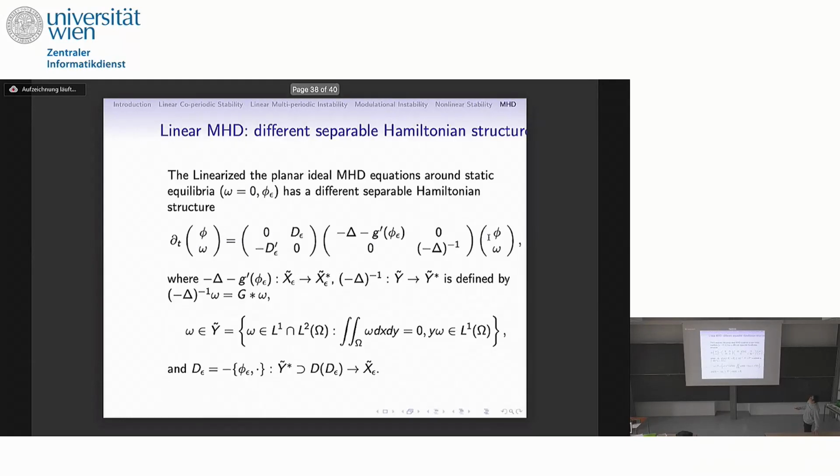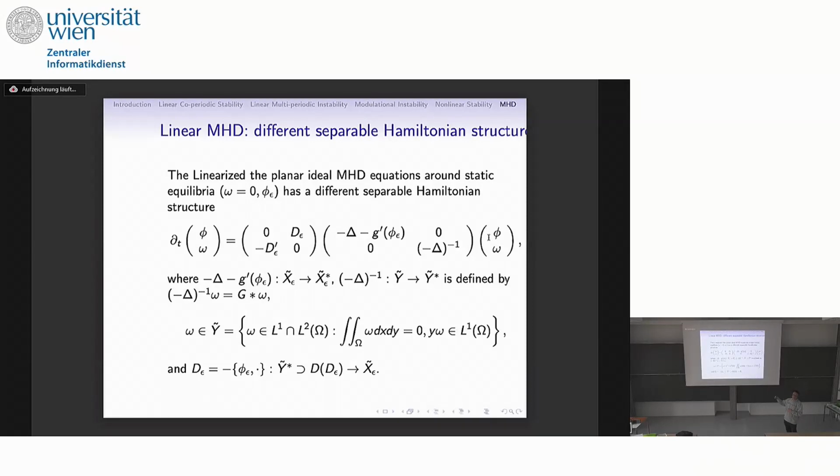And for the MHD, let me just say one word here. We can do the same thing. First, for co-periodic perturbations, one magnetic island is stable, both linearly and nonlinearly. And for double period, we can indeed prove coalescence instability for any epsilon between 0 and 1.